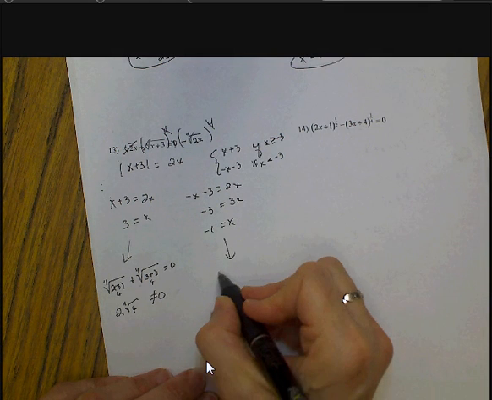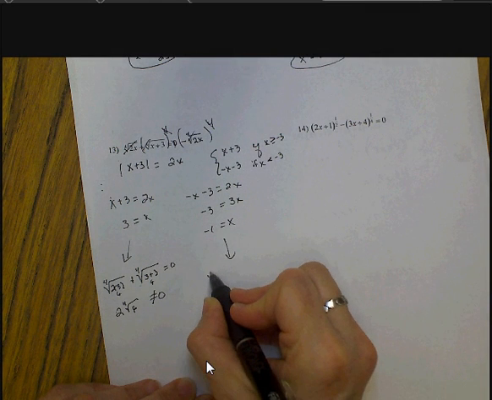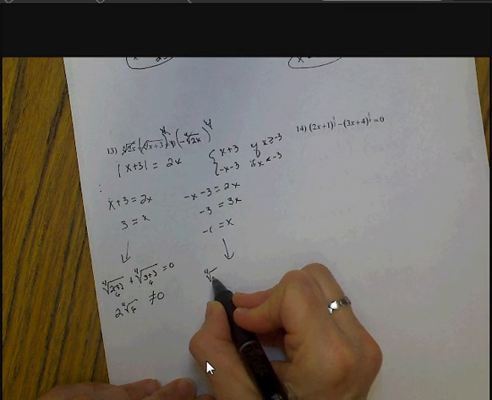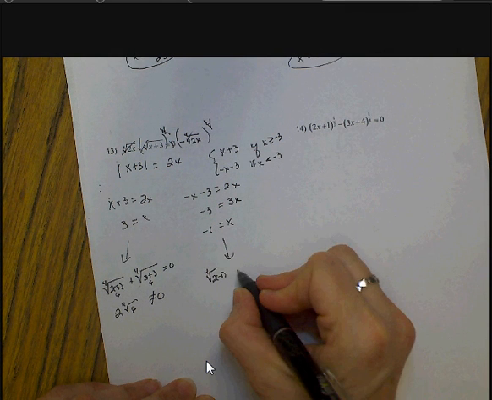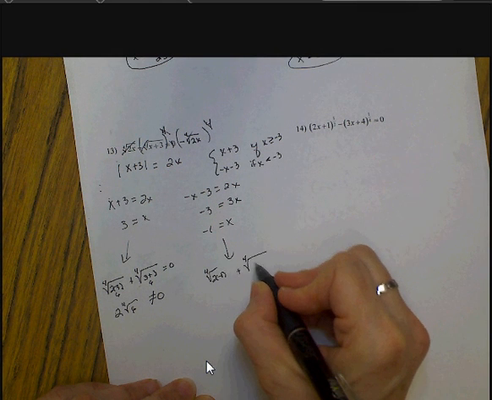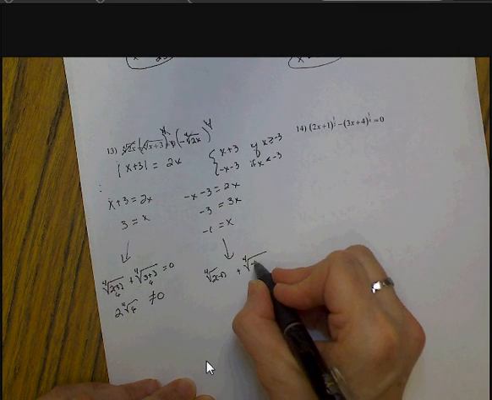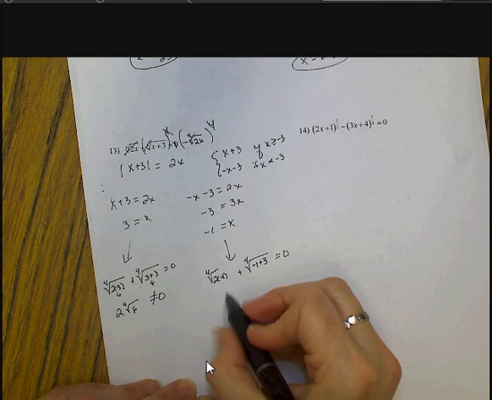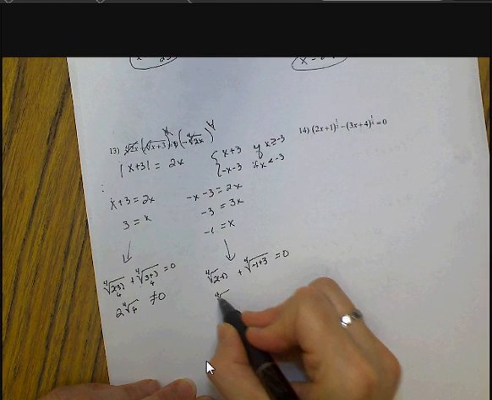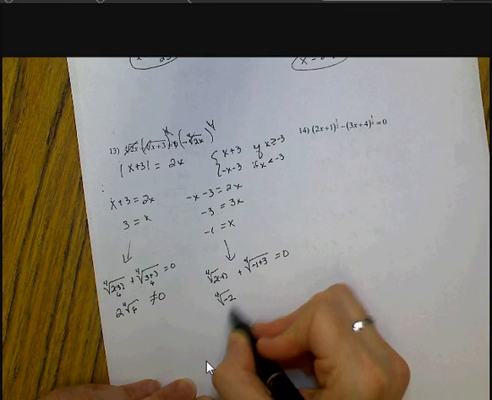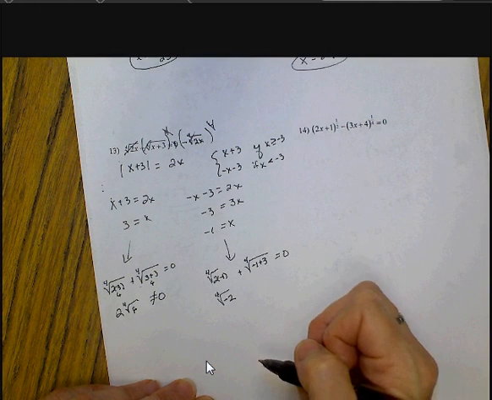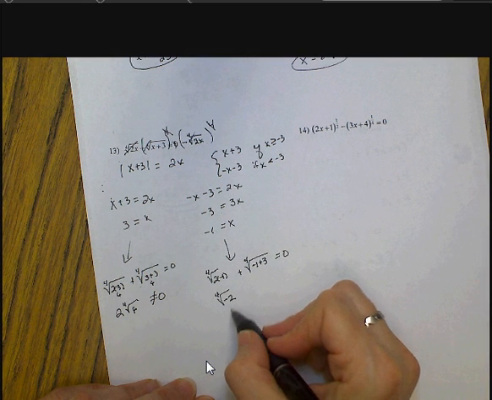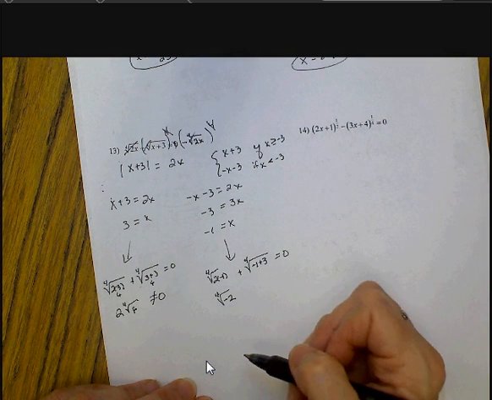Over here, I'm going to do the same thing. That'll be the fourth root of 2 times negative 1 plus the fourth root of negative 1 plus 3. It's supposed to equal 0. So that'll be the fourth root of a negative 2. We're looking at a complex or imaginary piece here because I can't have a negative inside of an even root.